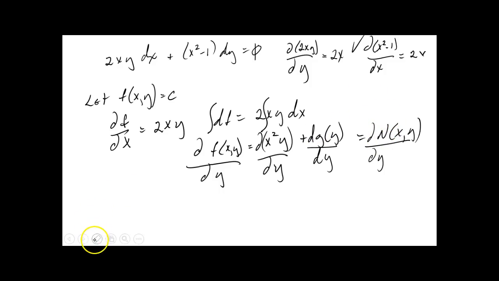This is your x squared minus 1. That is N. And that looks like we know what that's heading toward, but we'll get there in a minute.